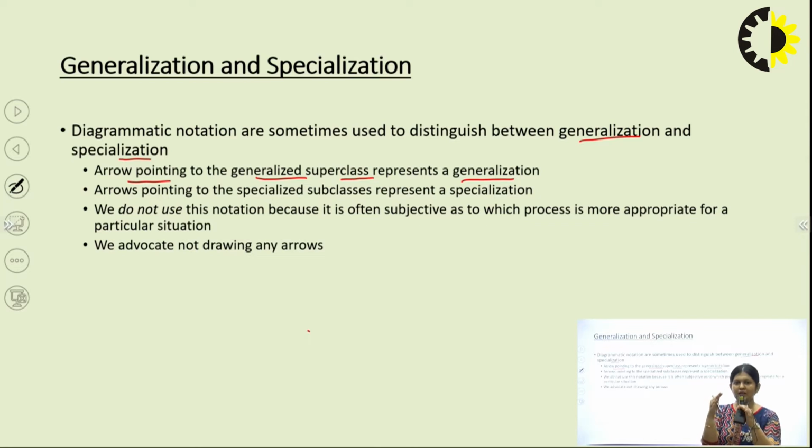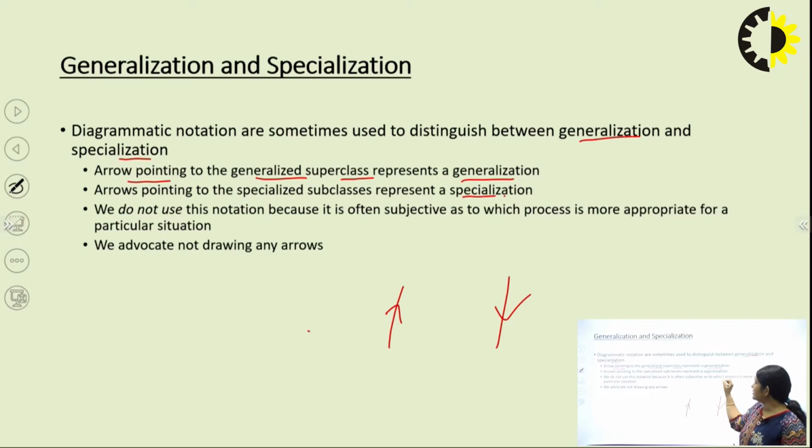And an arrow pointing to the specialized subclasses, going from top to down, represents the specialization. But because both are reverse processes, sometimes we do not use the arrow pointing, and simply show this through lines.